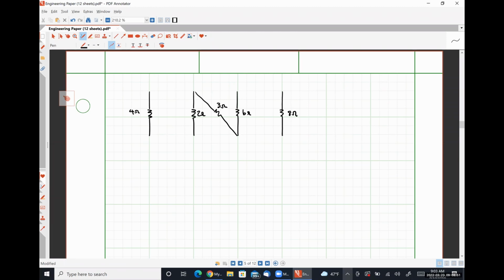An 8 ohm resistor. Up here, we're going to have a dependent voltage source where the voltage depends on 5 times the current Ix.